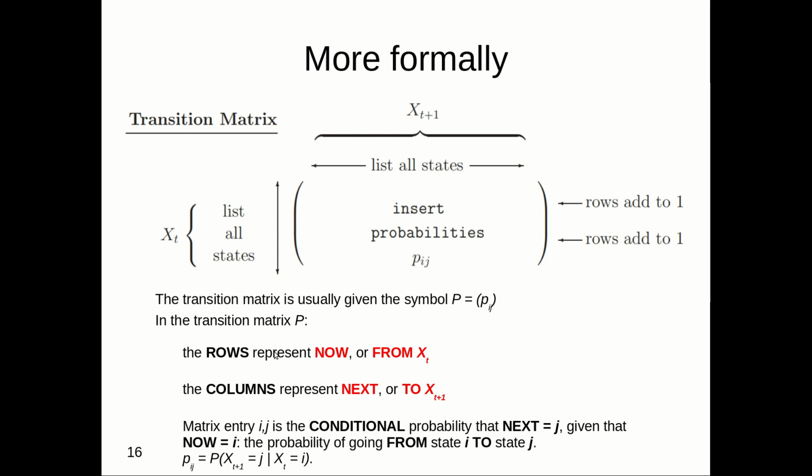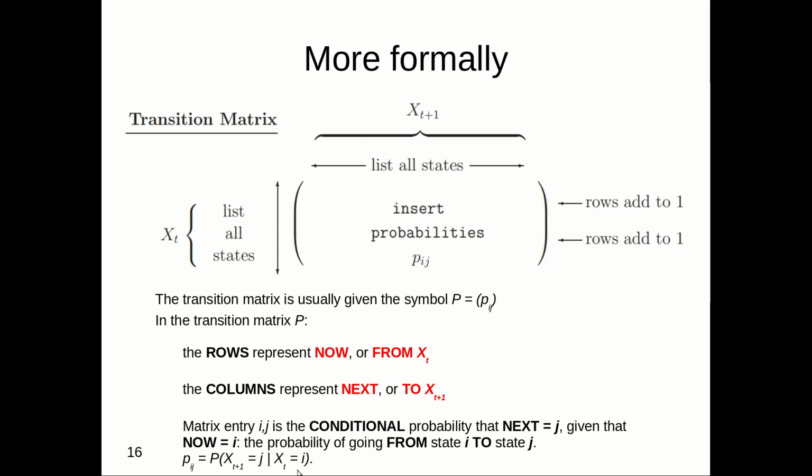So in this transition matrix P, the rows represent the current state, or from x_t, and the columns represent the next state, or to x_{t+1}. And so matrix entry ij is the conditional probability that the next state equals j, given that the current state is i.